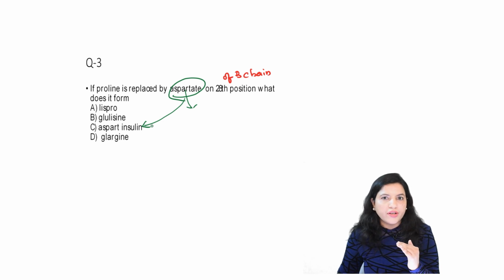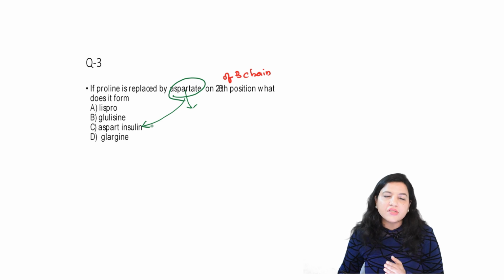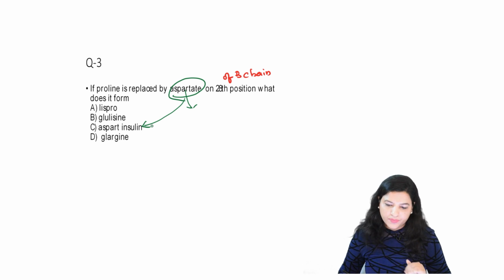If the newly arrived amino acids were lysine and proline, that is Lispro insulin. If they are glutamic acid and lysine, that is glulisine. If they are glycine and arginine, that is glargine. So the answer to this question is aspart insulin.